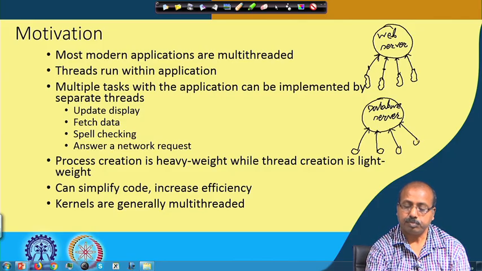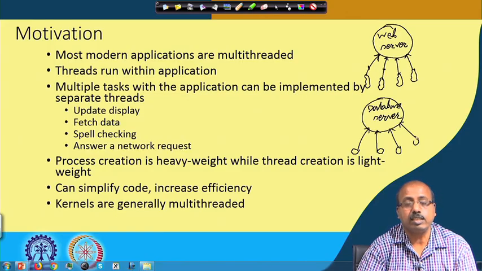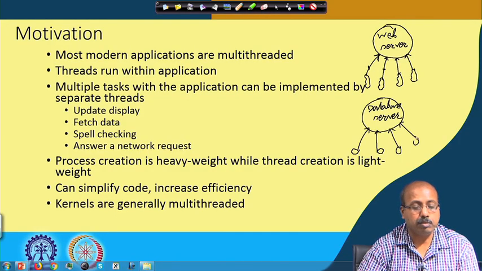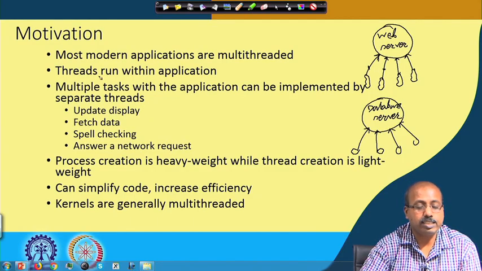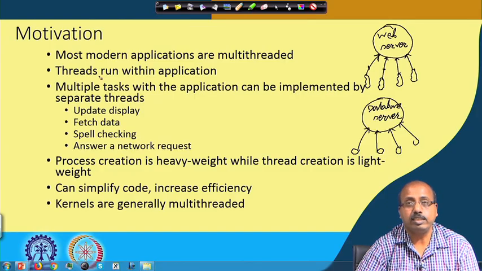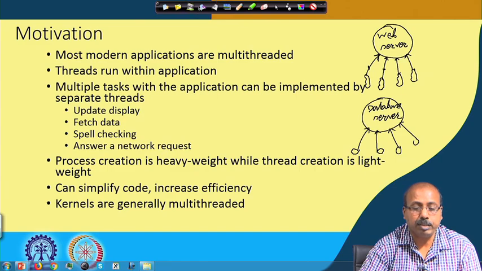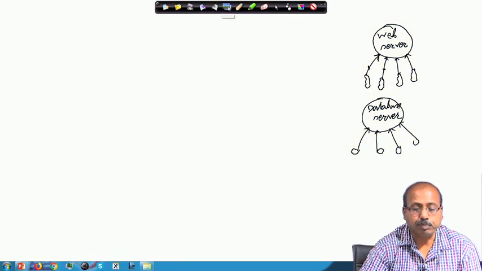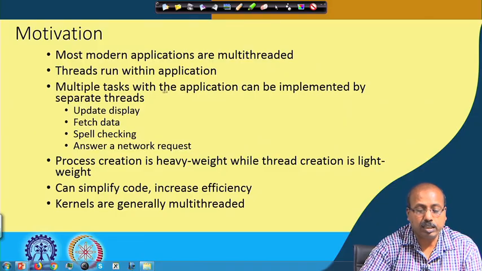That is why it is said that most modern applications are multi-threaded. We have another example here. Threads will run within an application. The application has multiple threads, and these threads will run in parallel. One typical example may be that we have multiple tasks within an application that can be implemented by separate threads.